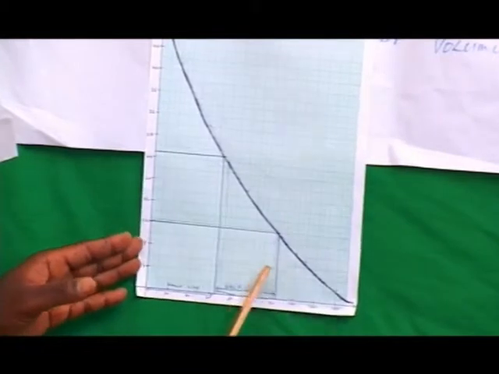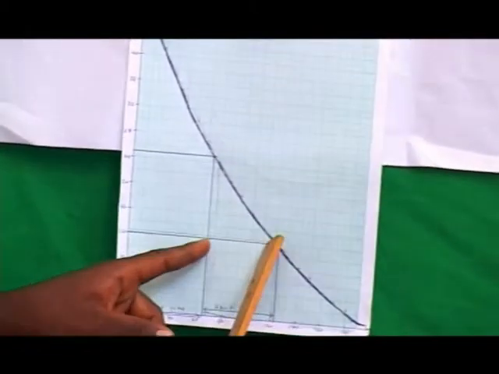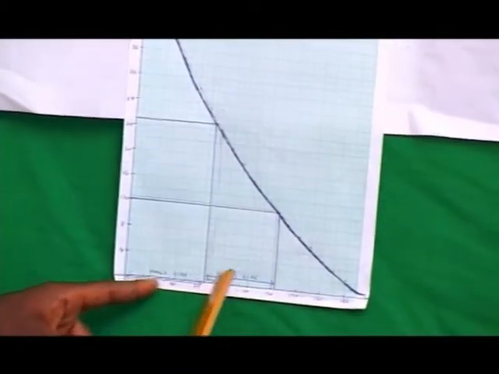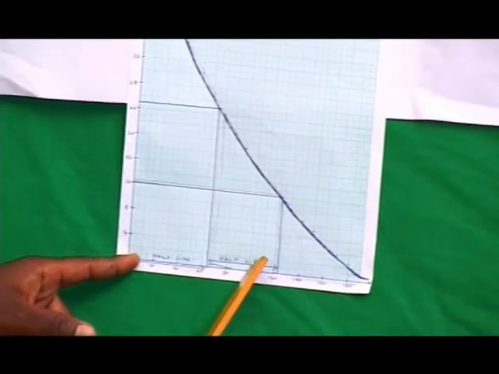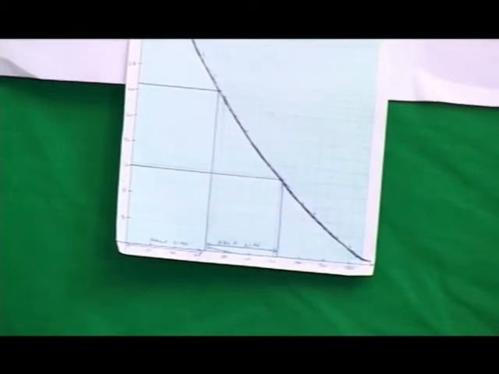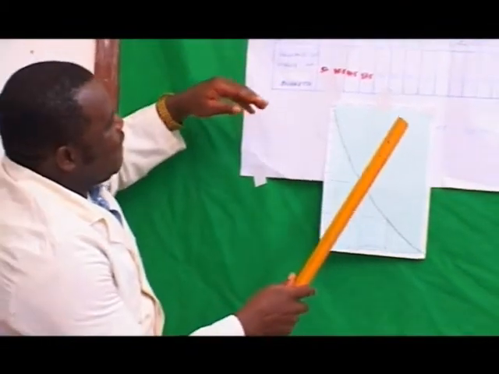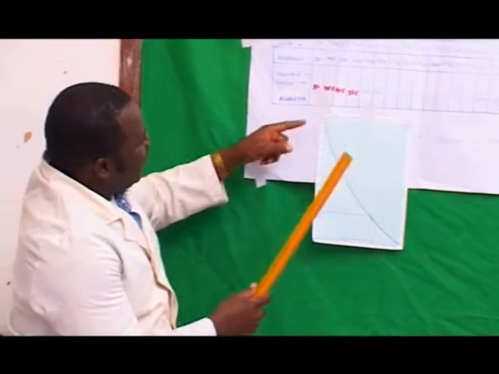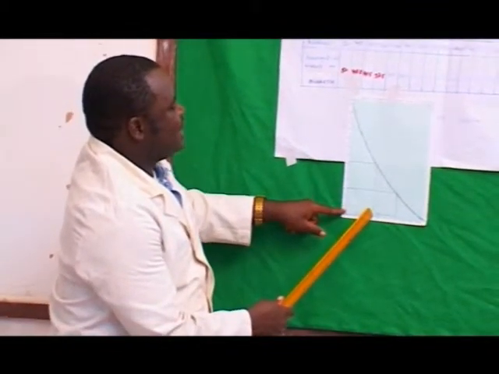You find that the time taken in this section and the time taken in this section are, within experimental error, the same. Therefore, this time which the volume of the liquid takes to halve is known as the half-life.